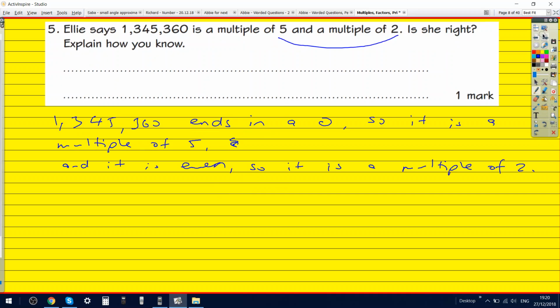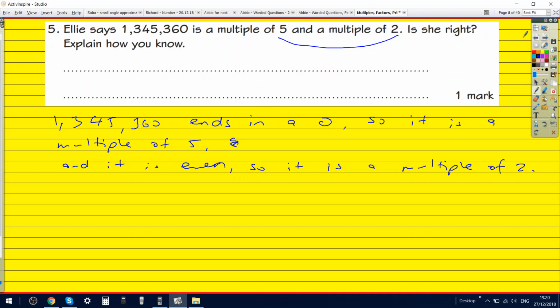Yep. And so this one? 1,345,360 divided by 10 is 1,345,36. Yes, so basically just take off the 0. And so it's definitely a common multiple because it's a multiple of 10, and 5 times 2 is 10.